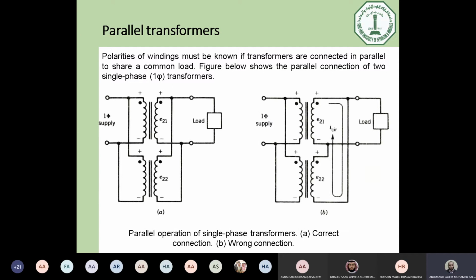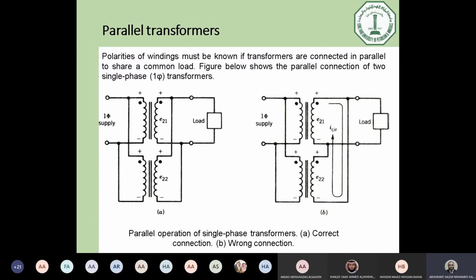It's not allowed to connect any sources in parallel with different voltage values. So firstly, be sure about the voltage levels and the turns ratio. If these values are identical, you can connect them in parallel.